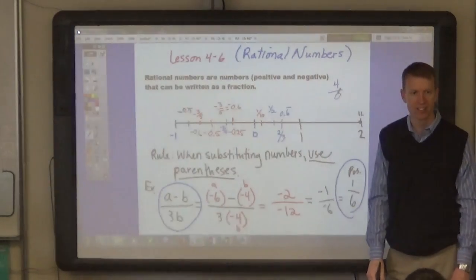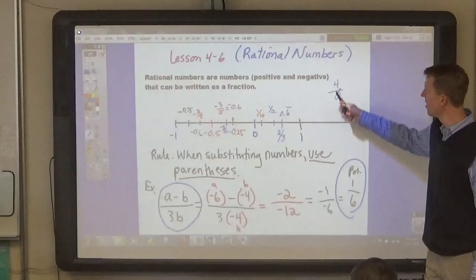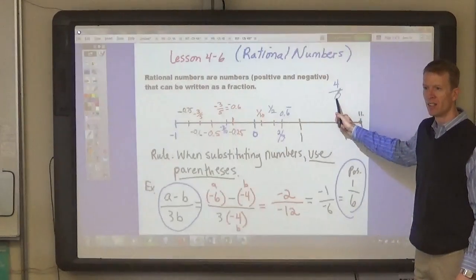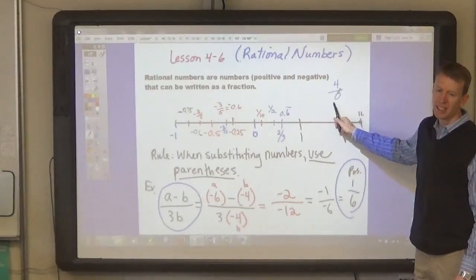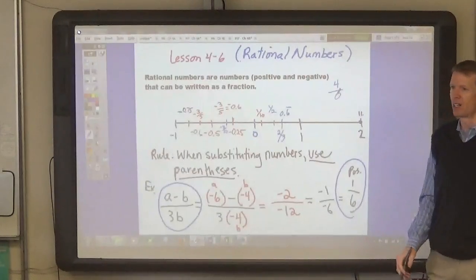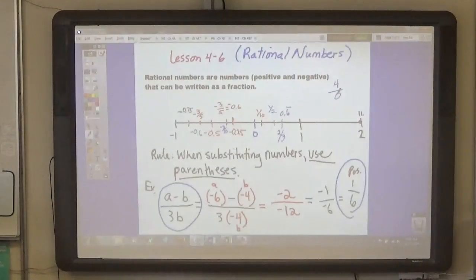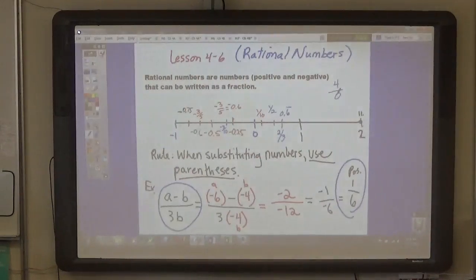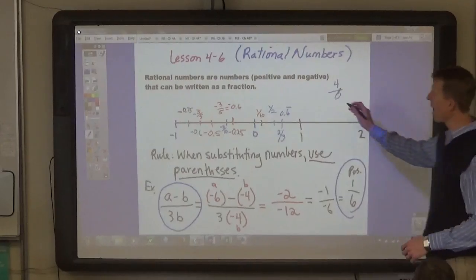If you put 4 over 0 into your calculator, it's an error. It's a syntax error, it says, or a compute error. There's no such thing as being able to divide by 0. Sometimes it's called the divide by 0 error. So this is not a rational number.